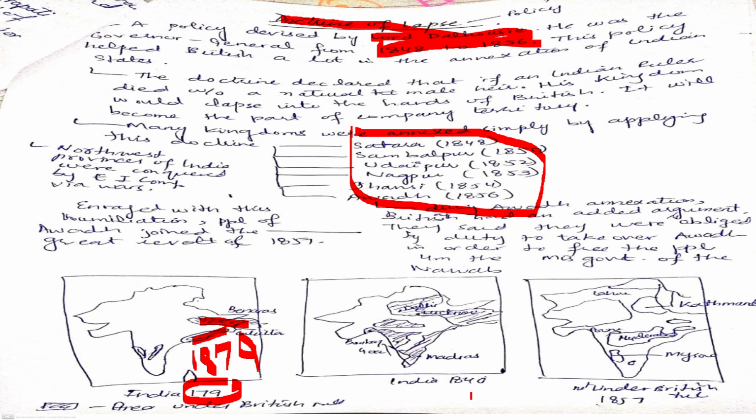Okay, so in 1840, by annexation, the Doctrine of Lapse and many other things, the British had Delhi, Lucknow, Banaras, Calcutta, Bombay, Goa and Madras, all these areas.